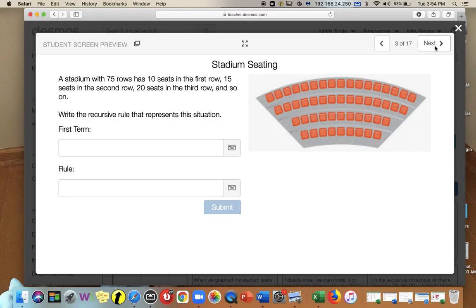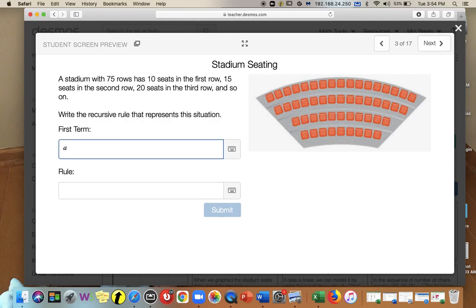Let's talk about stadium seating. A stadium with 75 rows has 10 seats in the first row, 15 seats in the second row, 20 seats in the third row, and so on. Let's write the recursive rule for the situation. So we have to tell someone how many seats there are in the first row so that we can keep doing the pattern to find each row after that. So here our first row, it says there's 10 seats.